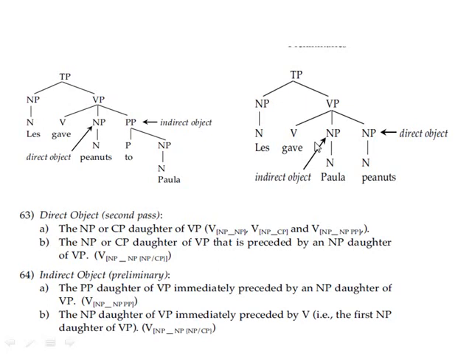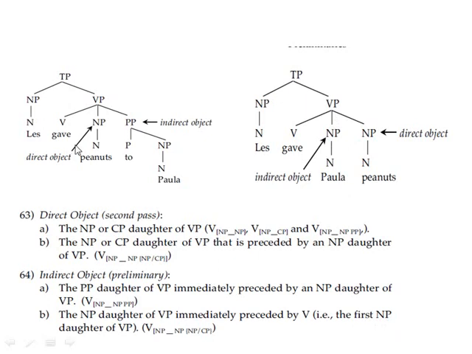If you look at this example, di sini kita lihat. Jadi indirect object is direct object immediately preceded by V. Jadi NP yang terletak langsung setelah V, atau dia adalah the first noun phrase daughter of VP. Jadi anak NP pertama yang menjadi anaknya VP jika ada NP yang lebih dari satu.